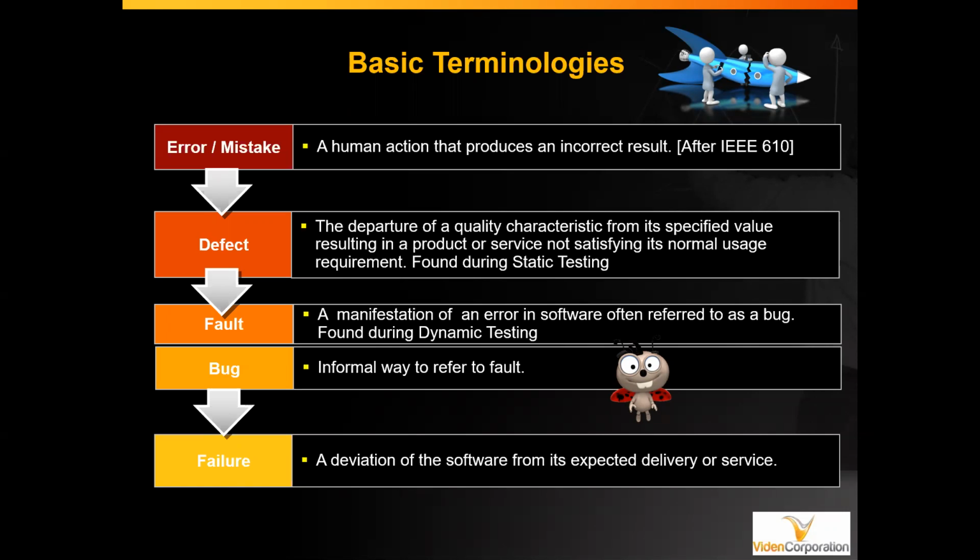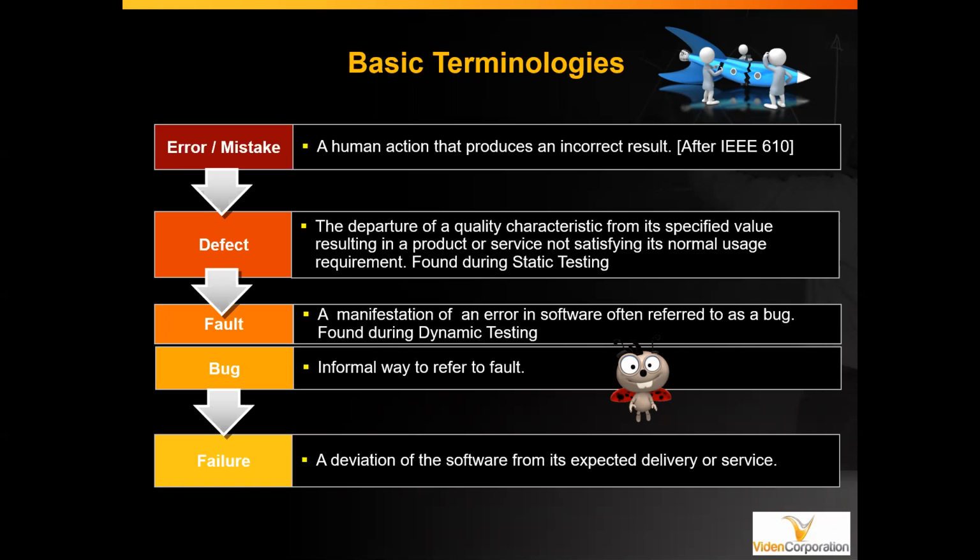Okay. So let's say you don't catch the defect during static testing, and now when you run the product, the defect manifests during the execution of the software, and then you find the problem, it is called a fault. Okay, so that's the difference.